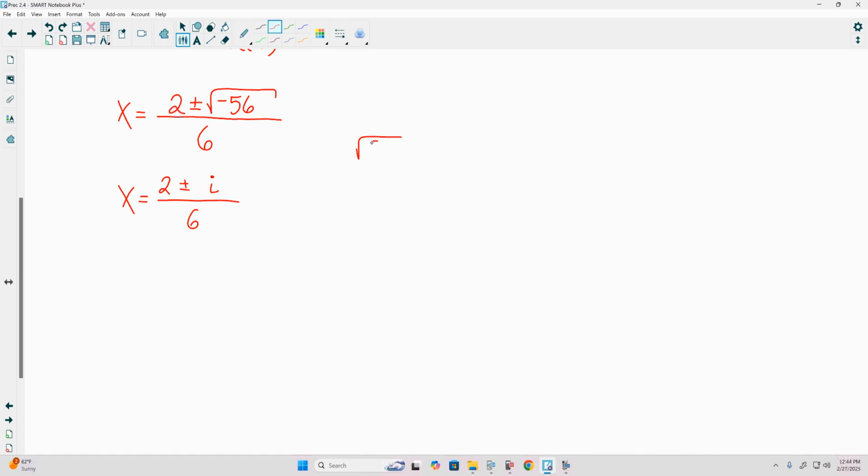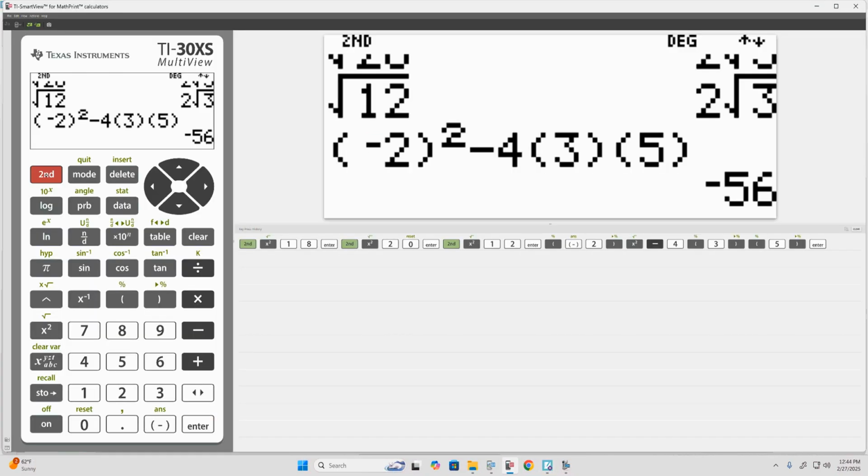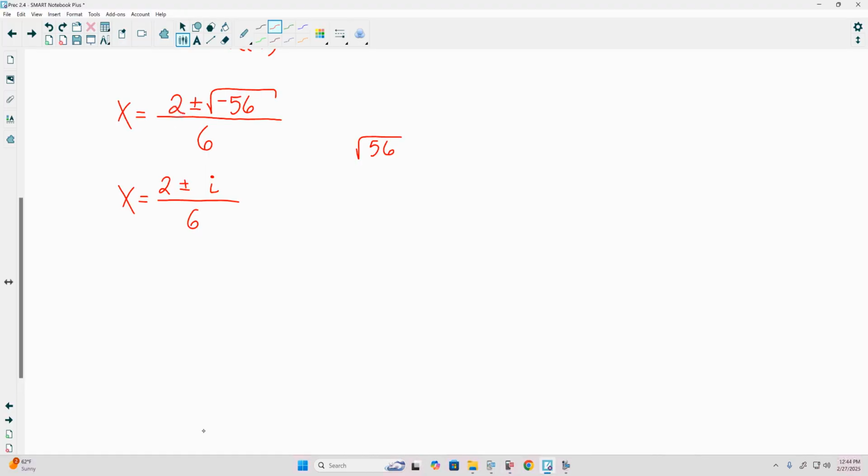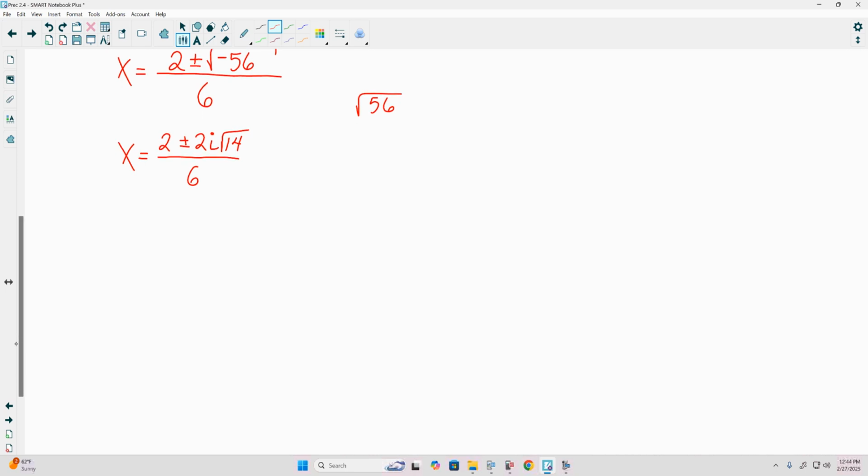So really what we have left over is the square root of 56. If we look at the square root of 56, it is 2 square root of 14. So the square root of negative 56 is going to be 2i square root of 14. Questions on this here?